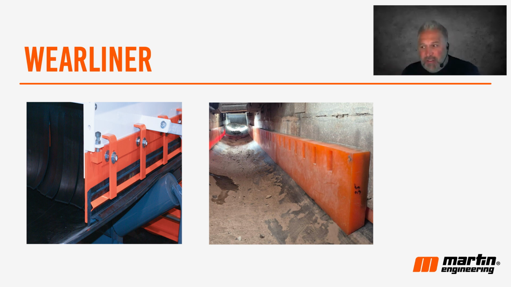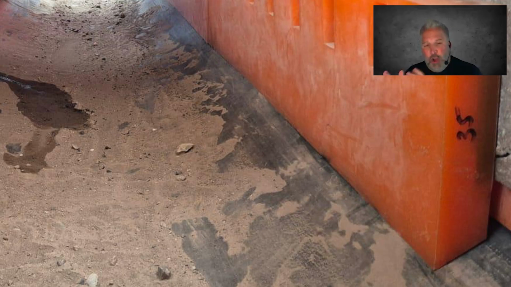So what we've introduced now is a urethane slab that we're using as our wear liner, and that's what you see in the photograph on the right. You see that 35 written on the side of that? Different conveyors have different trough angles. And that trough angle is usually in the US going to be 20, 35, or 45.